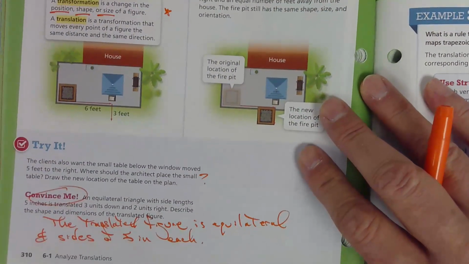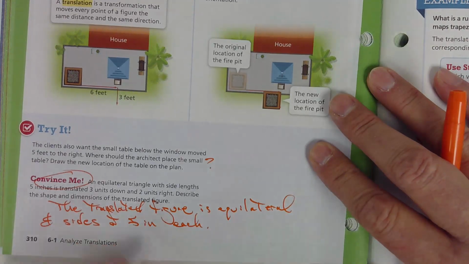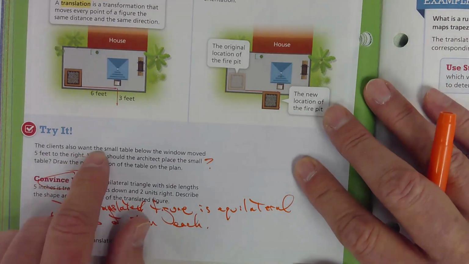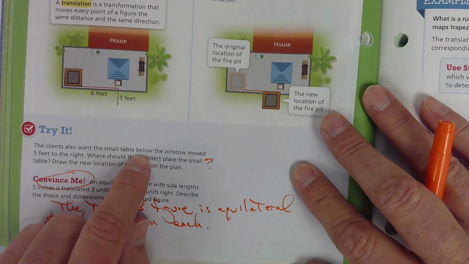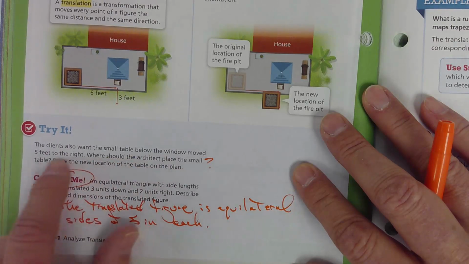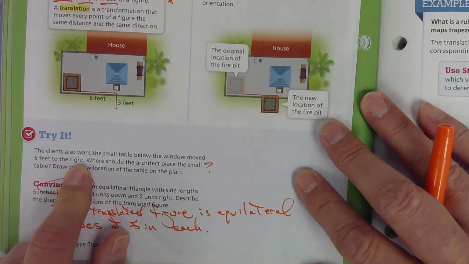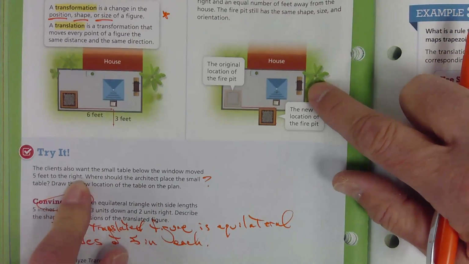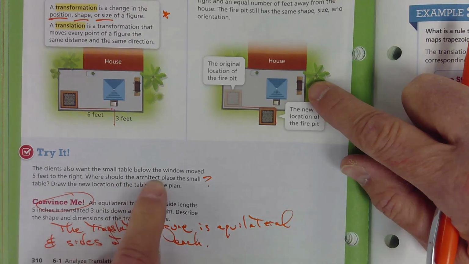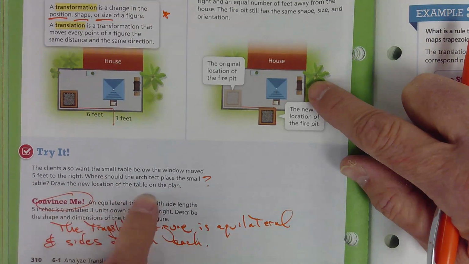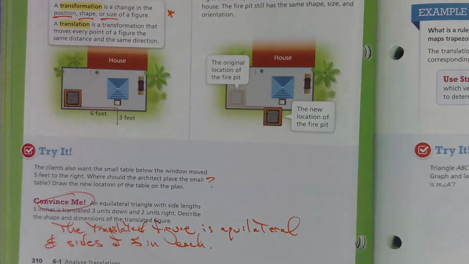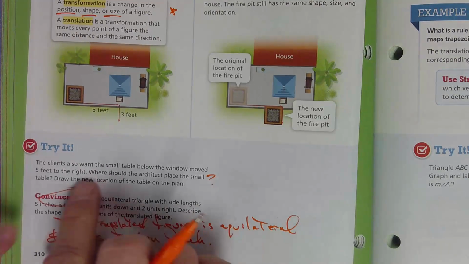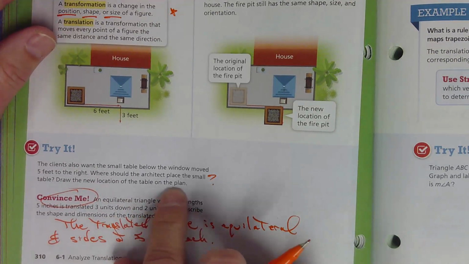And then the try it down below here, I just left a question mark, don't worry about it. It says the clients also want a small table below the window moved 5 feet to the right. I think they're talking about this, I'm not really sure. It says, where should the architect place the small table? Well, it would be 5 feet to the right, but it says draw the new location of the table on the plan.